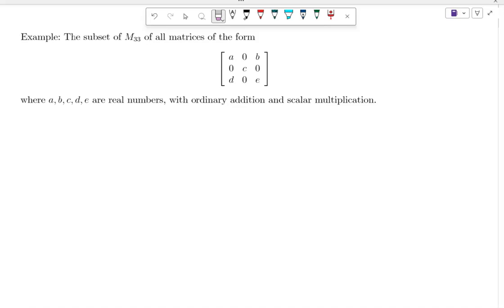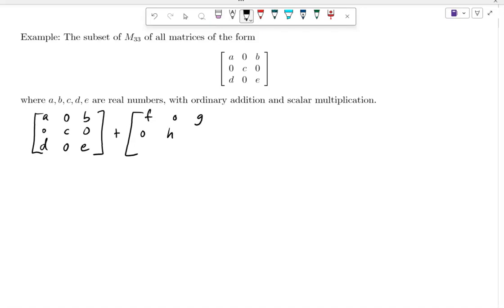So remember, closure says that if I take two vectors in my vector space and add them back again, I need to be back in my vector space again, right?